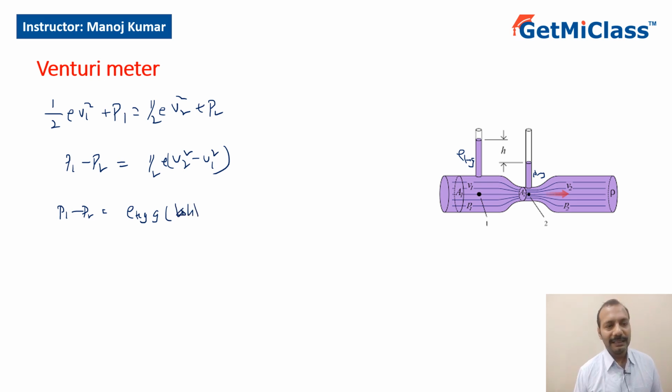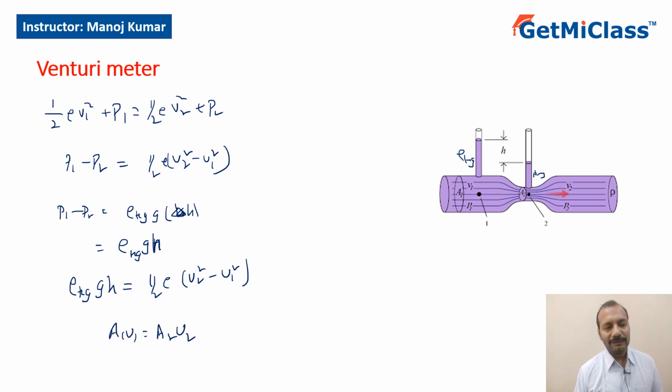I'll keep it as delta H, which is given as small h. So that can be written as rho Hg into G into h. So substituting this, we'll get rho Hg into G into h equal to half rho into V2 square minus V1 square. Now the other thing that we know is A1 V1 equal to A2 V2. We'll substitute this in that particular equation.